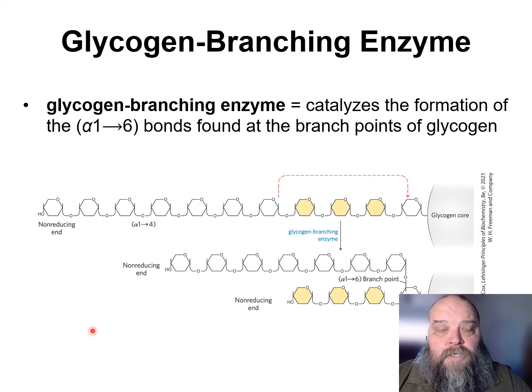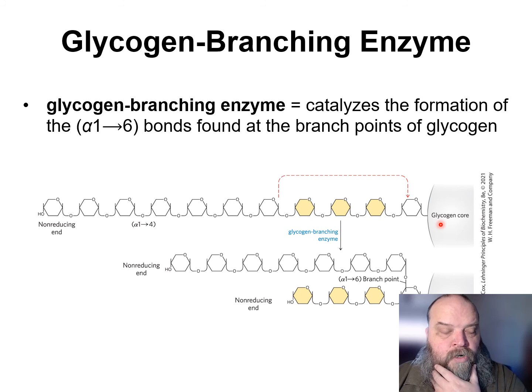What to do about the branches? Well, glycogen branching enzymes will go through and go X number of sugar residues from the branch point, and the branch point is determined by the core.